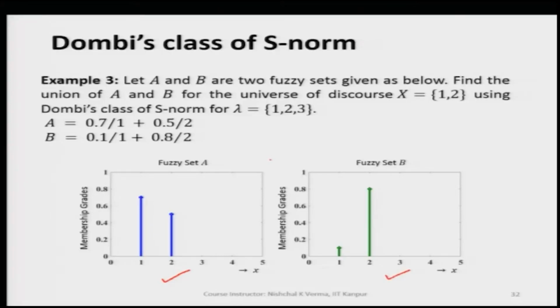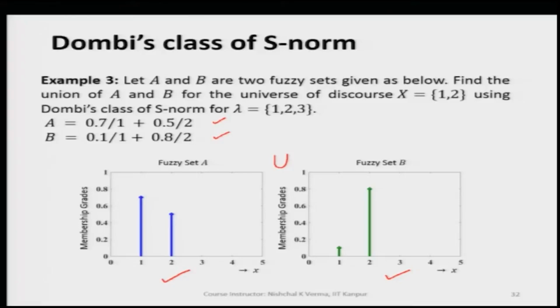We are interested in the union of these two fuzzy sets A and B. Discrete fuzzy set A has two elements, discrete fuzzy set B also has two elements, and both have membership values for the corresponding generic variable values.